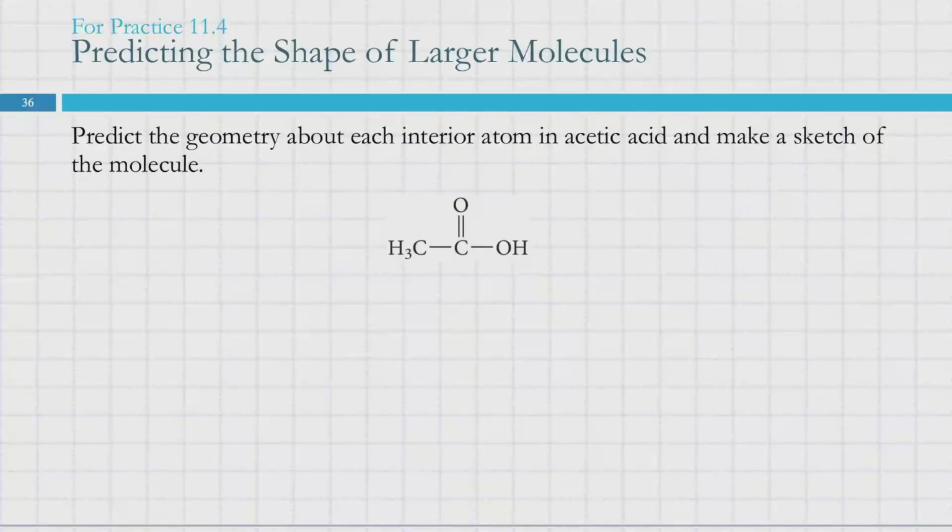If we were doing this molecule, the H3C on the left here means that 3 hydrogens are bonded to this carbon. On the right, the OH means that the hydrogen is bonded to the oxygen.